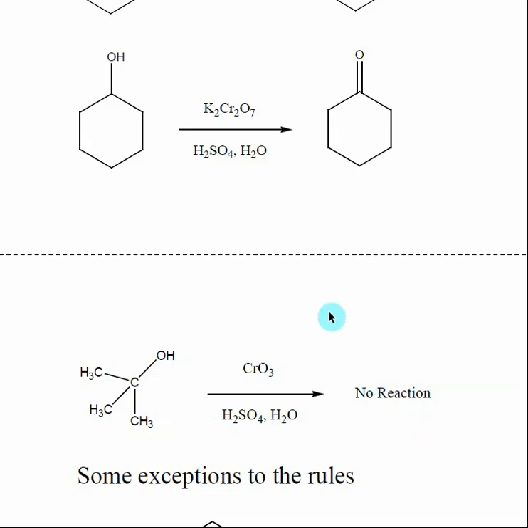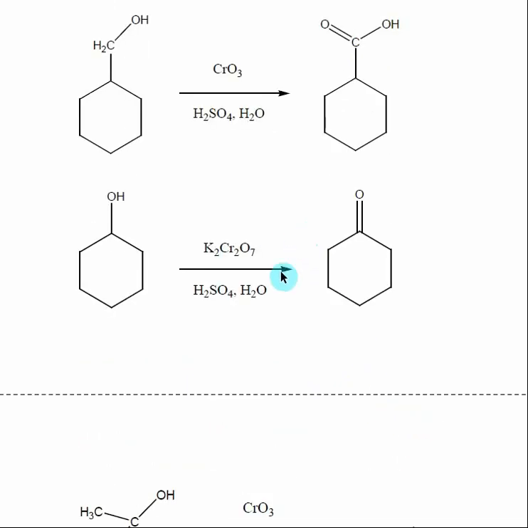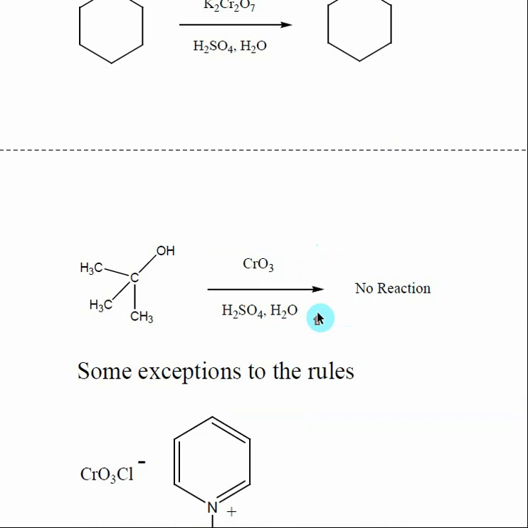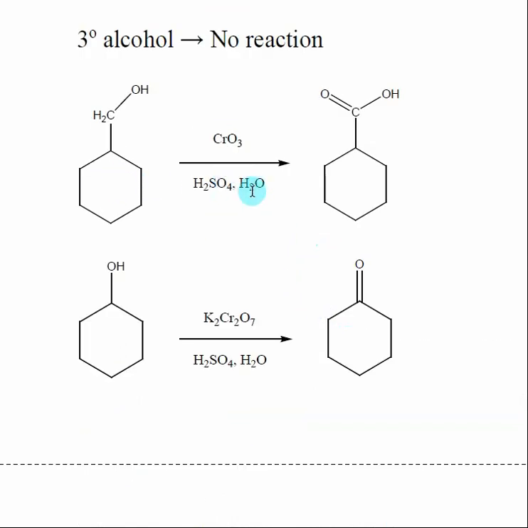So remember here we're talking about chromium trioxide and potassium dichromate, and we understand what they convert into. But when we looked at the primary alcohol, we went all the way to a carboxylic acid. During this, one of the other oxygen containing functional groups, or containing a double bonded oxygen, is an aldehyde.